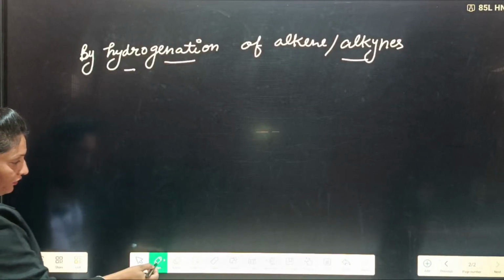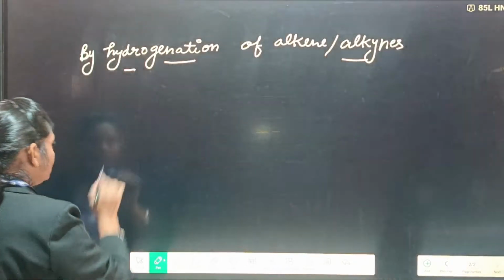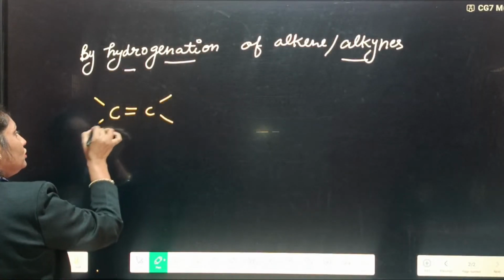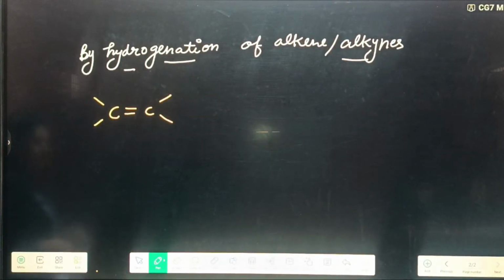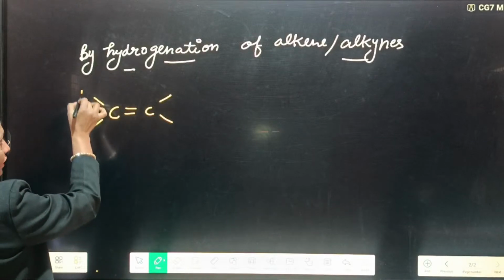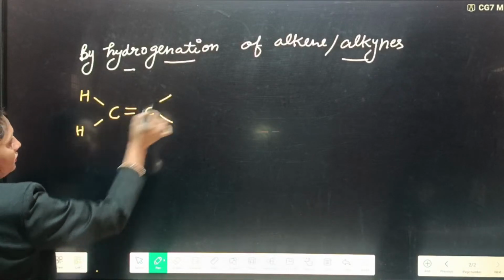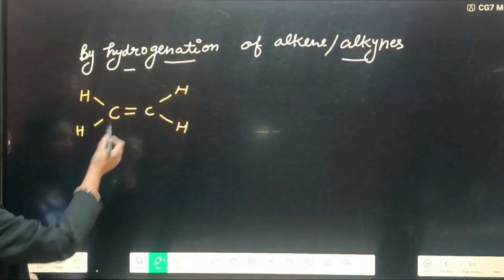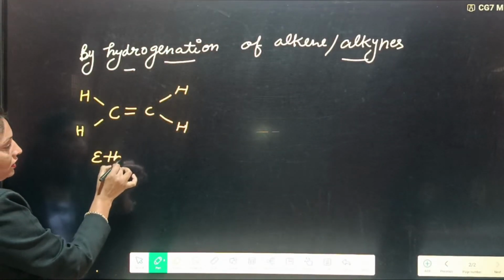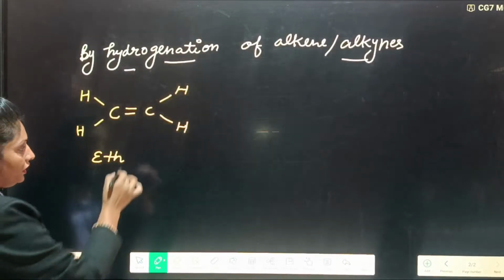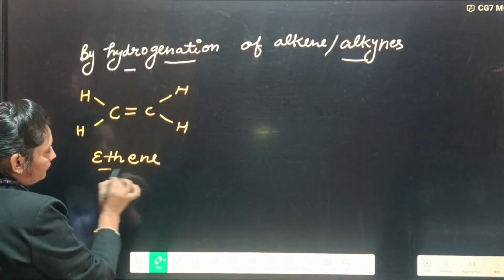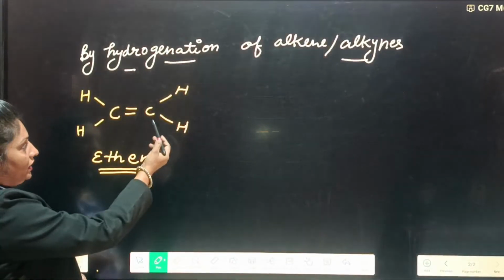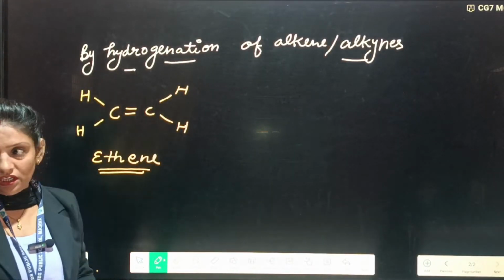Like if we have any alkene, there are two carbons with a double bond between them, and we complete the valency by hydrogen. This is ethene, an unsaturated hydrocarbon, an alkene.